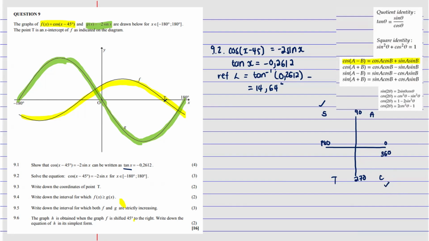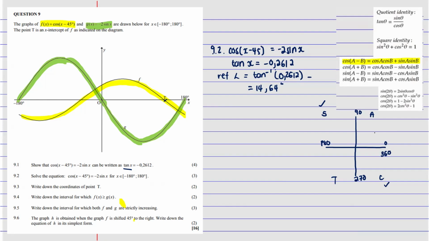But very important, this has a restriction: our answer needs to lie between negative 180 and 180, right? So from here, the negative side and the positive side.